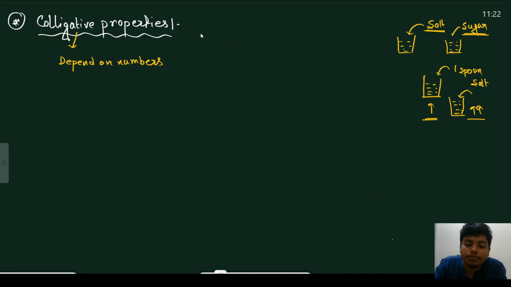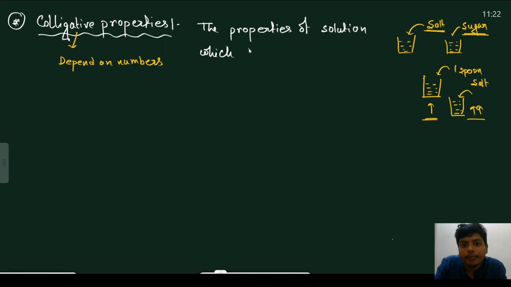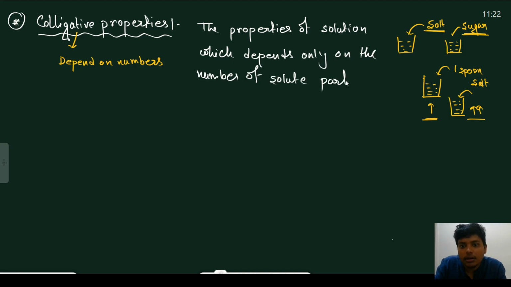Colligative property means the properties of a solution which depend only on the number of solute particles, irrespective of their nature. Clear? Okay, these are called colligative properties.